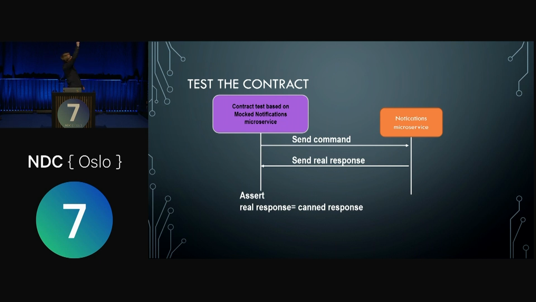We can send that into the notification service, get a real response back, and then we can assert whether that looks the same as the thing that the mock responds with. And if there's a discrepancy there, then the mock is wrong. And then we have to change the mock and see if the loyalty program now fails, and it might, of course. So that's really the basic idea of the contract test: record what the expectations are based on the mock, turn around and use that on the real service at the other end.